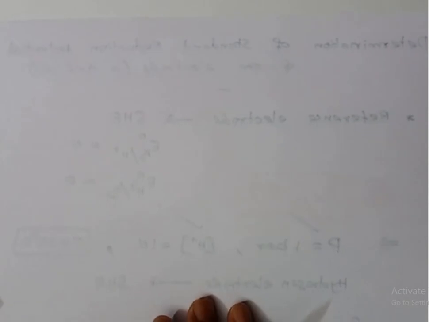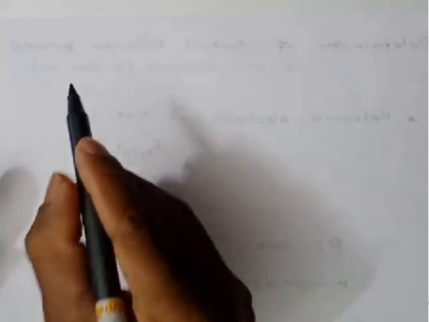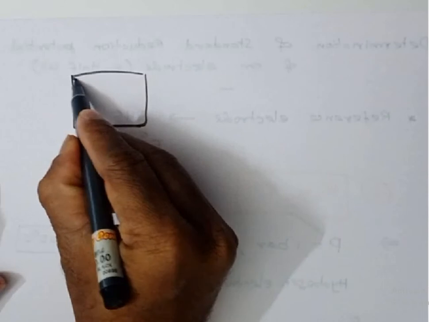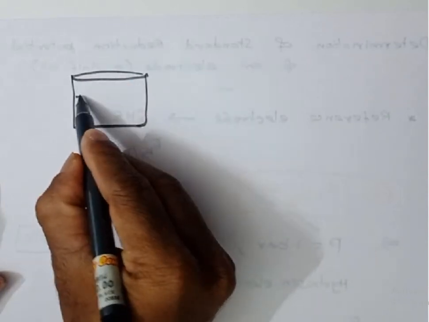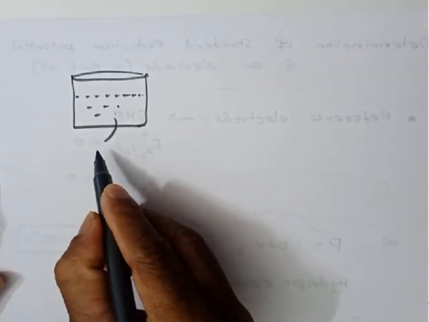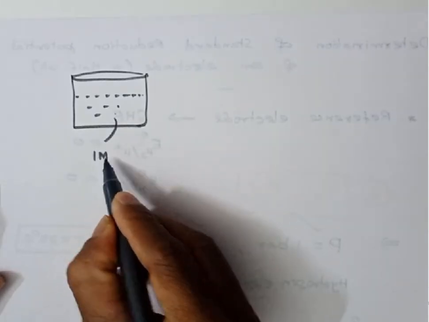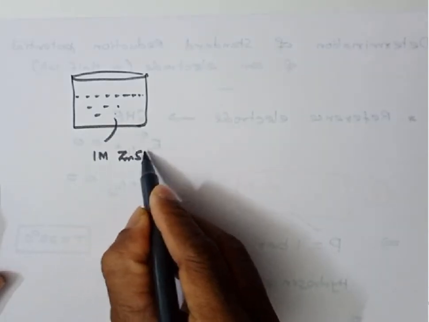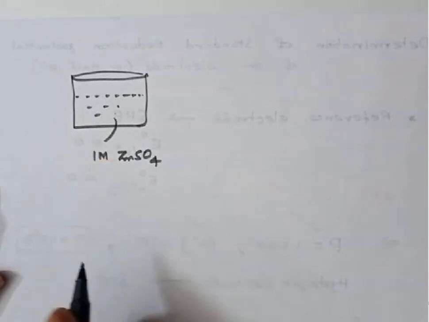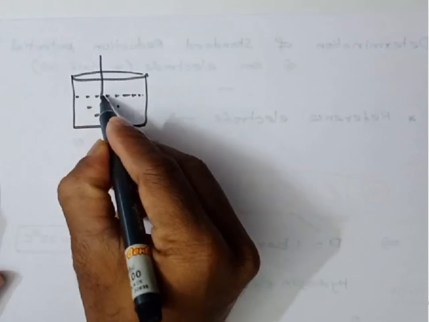Students, observe this carefully. It's actually very simple. What we have to do: you take a zinc rod and immerse it in a solution containing 1 molar zinc sulfate. You take 1 molar because we are going to measure the standard reduction potential, so we should take 1 molar concentration.